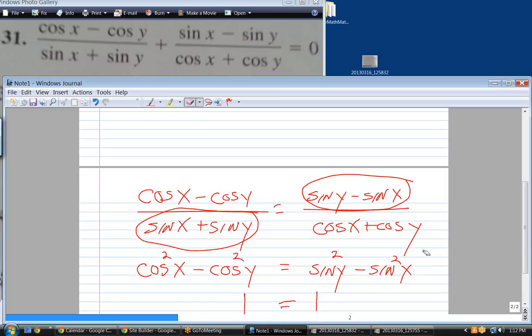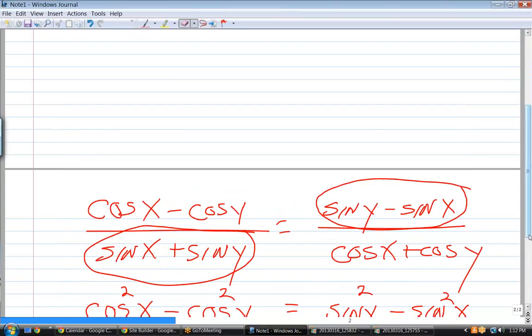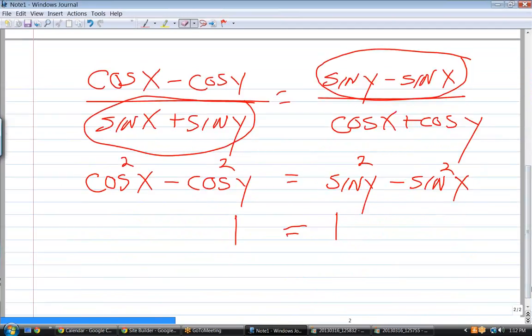So how did I get this over here? Well, let me blow this up a little bit. I multiplied it by sine x, actually sine y plus sine x. And I multiplied the left side by cosine x plus cosine y.